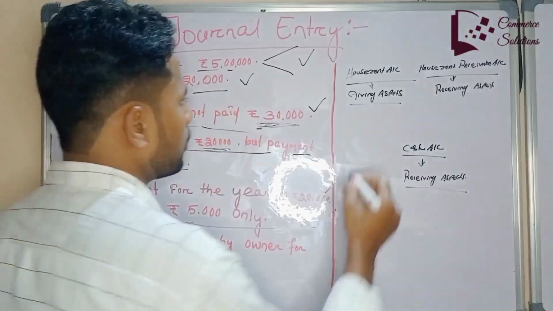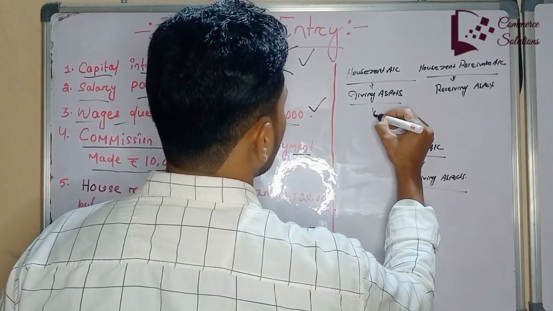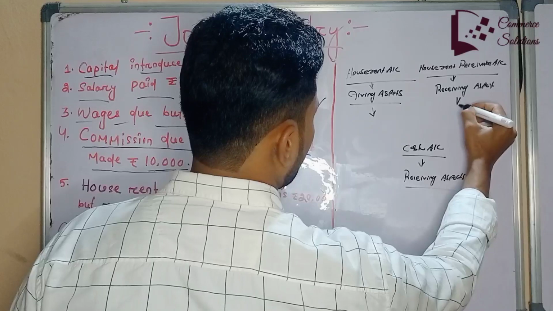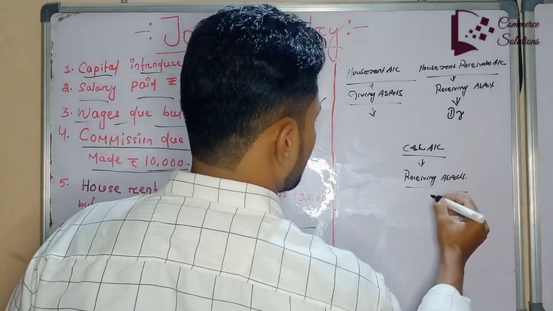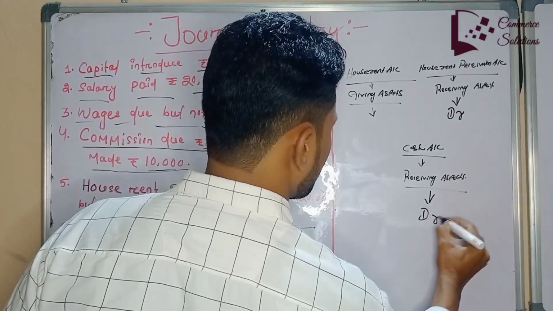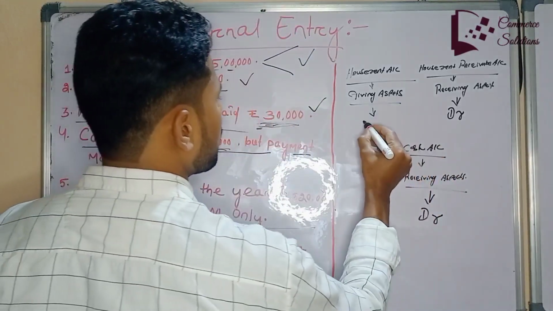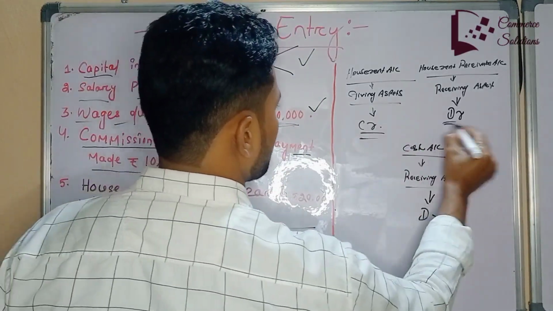Based on this knowledge, what is debit? Debit means receiving aspect. What is credit? Credit means giving aspect.